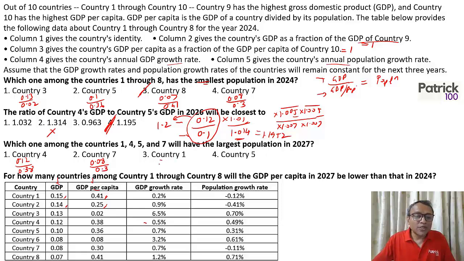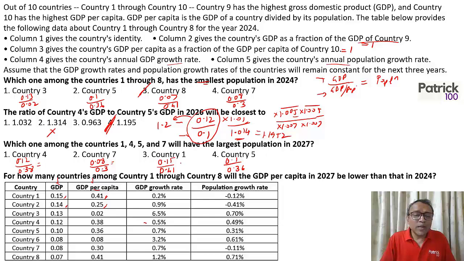Country 1, population will be 0.15 upon 0.41. And country 5, the population will be 0.1 upon 0.36. So you're basically finding the ratios and finding out where the population is, and then accordingly calculating. Calculate for each of them.